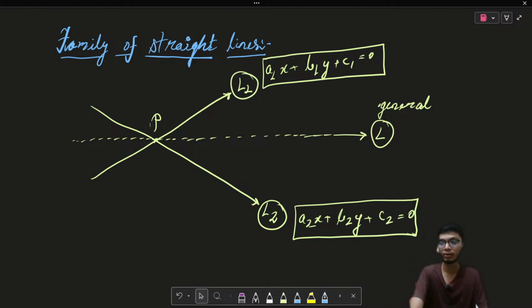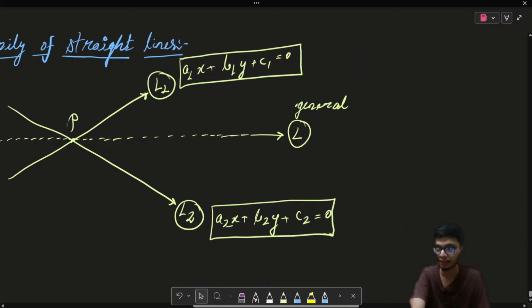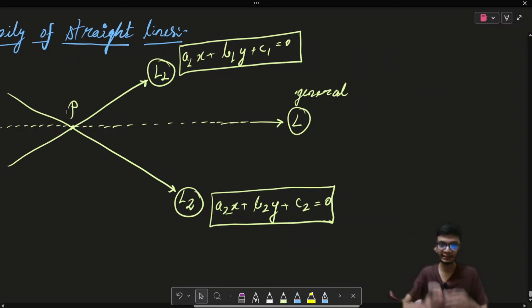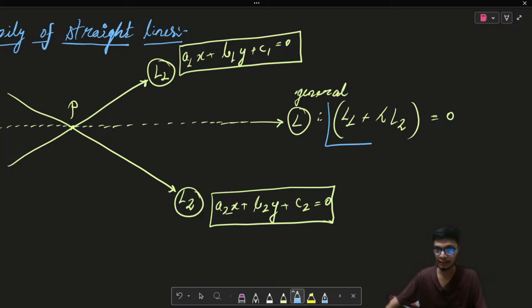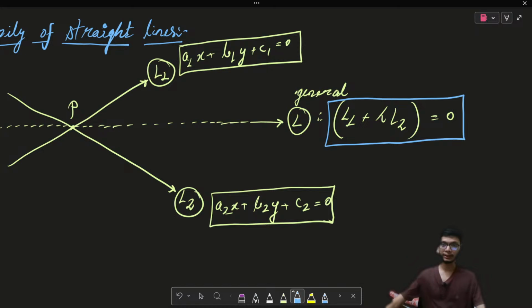In that case, using the concept of family of straight lines, we can conclude that the general equation of any straight line passing through the point of intersection of these two lines L1 and L2 can simply be given as L1 plus lambda times L2 equal to 0, where lambda can be any real number.